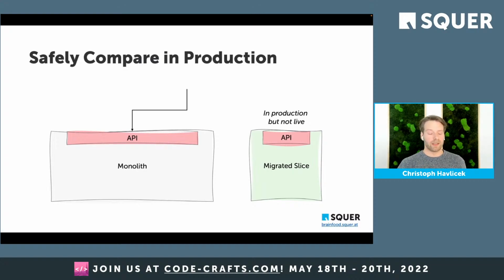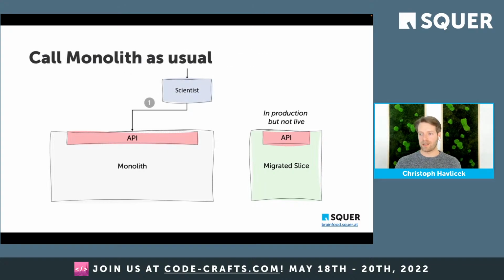And here is where we introduce a third pattern called the scientist pattern. This was introduced by Jessie Toth. Her very nice GitHub blog is in the description below. She proposed this scientist pattern to automatically compare the new and the old implementation. So the traffic is routed through the scientist, and the scientist calls the monolith as usual.